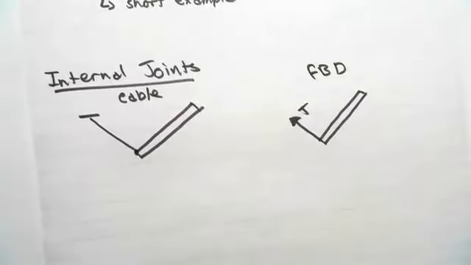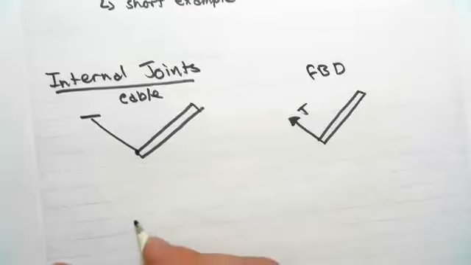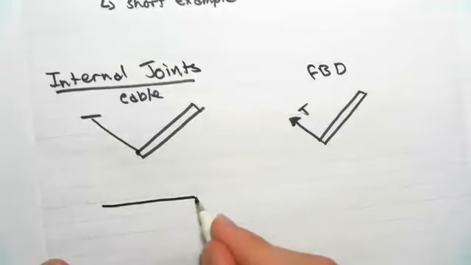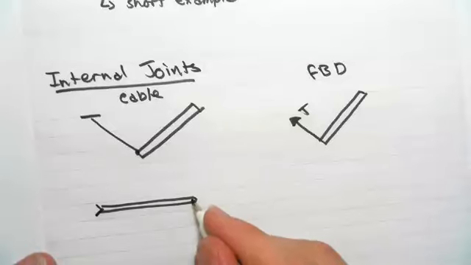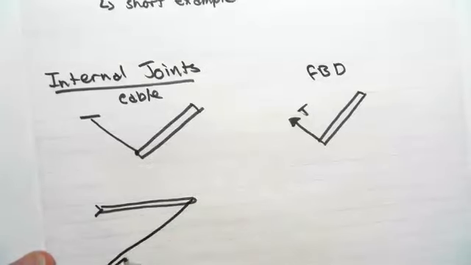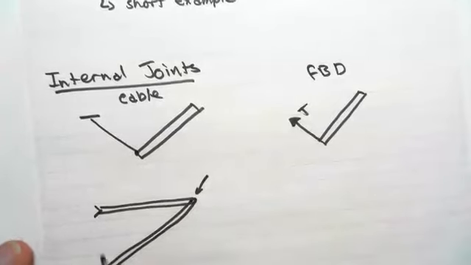And then another is just the internal pin joint, which is the more standard one that is used in almost every one. It could be something like so. That's the pin joint there.